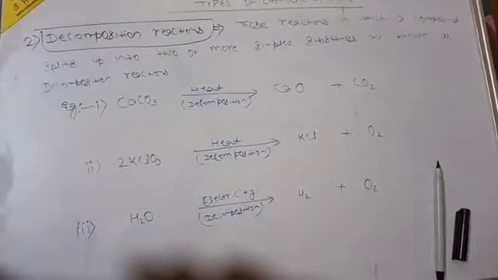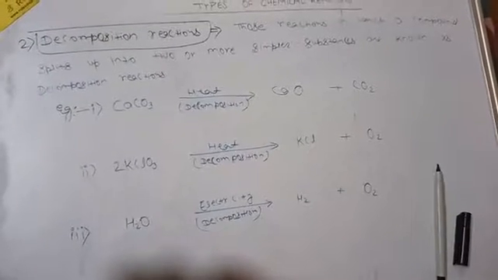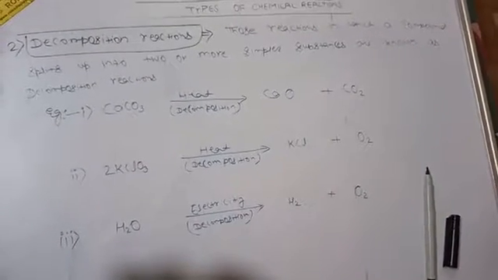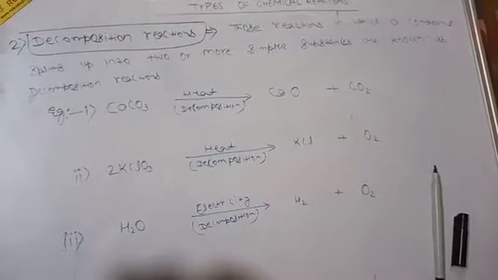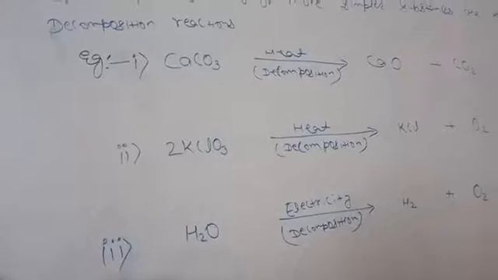Okay, now children, here you can see decomposition reaction. What is a decomposition reaction? Those reactions in which a compound splits up into two or more simpler substances are known as decomposition reactions.